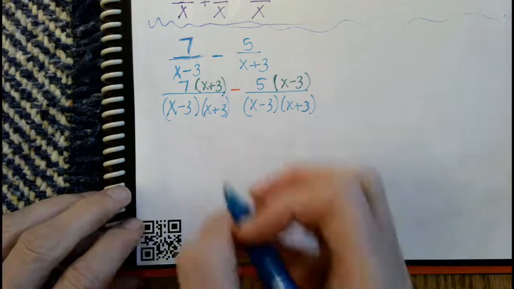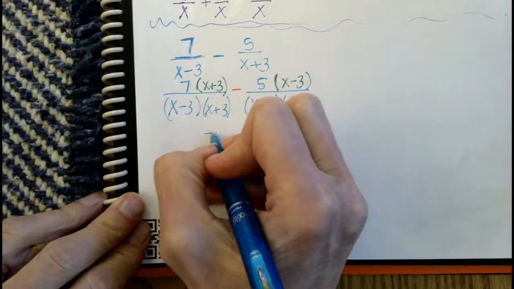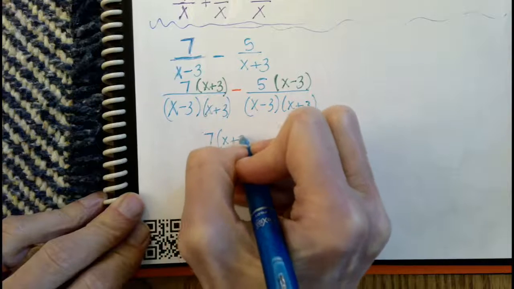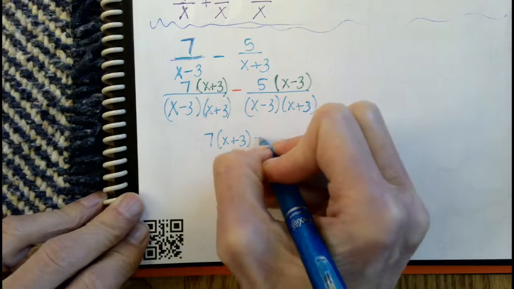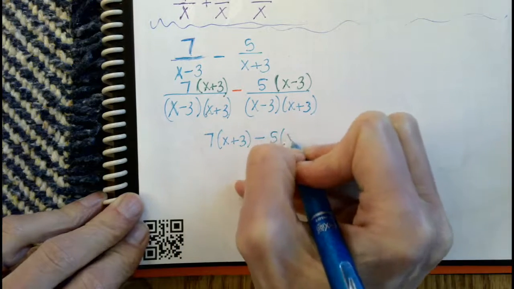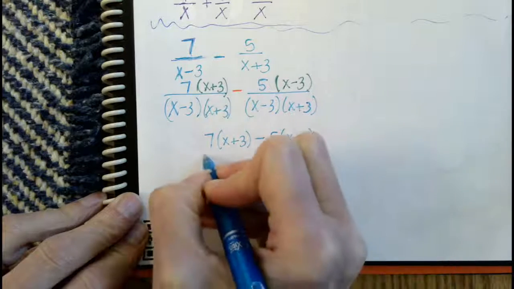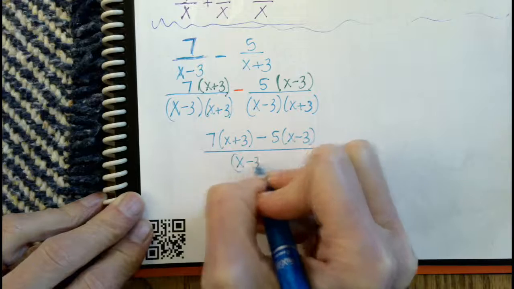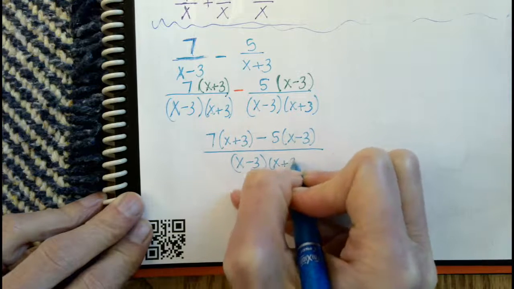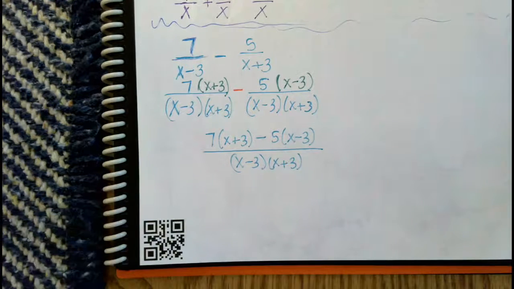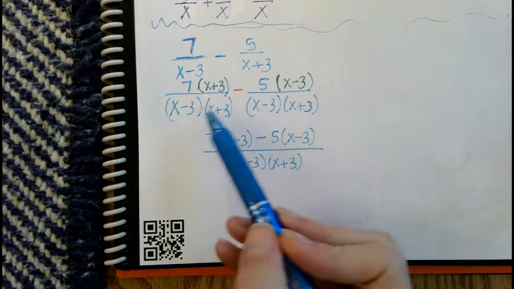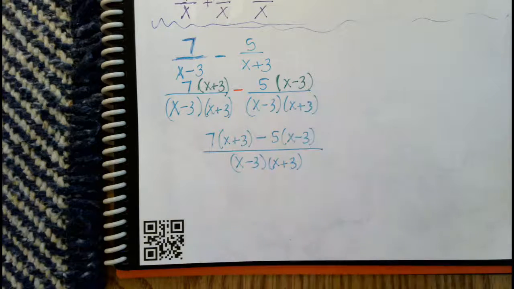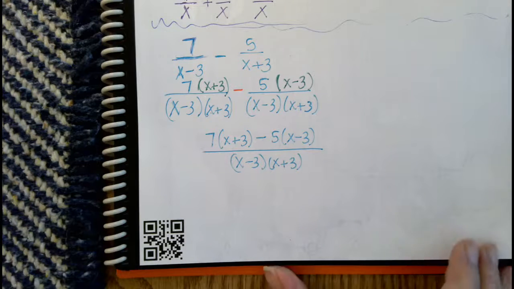Because what we're left with now is 7 times x plus 3 minus 5 times x minus 3 all over x minus 3 times x plus 3. We found the common denominator, which we have to have when we're adding or subtracting fractions. And then we did the actual subtraction, and now we're going to simplify.